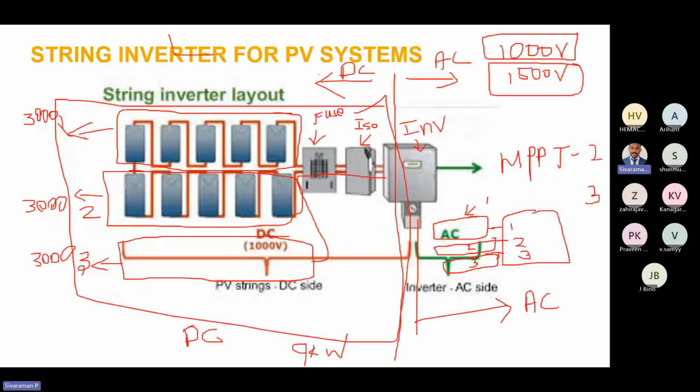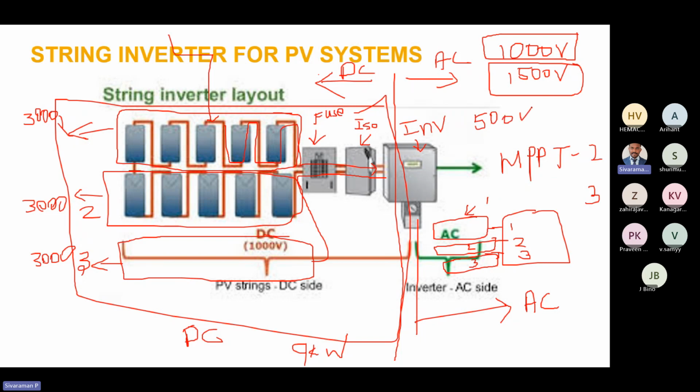Suppose the lightning hits this panel, then this entire thing will get surge voltage and current. The system voltage is normally 400 to 500 volts only.